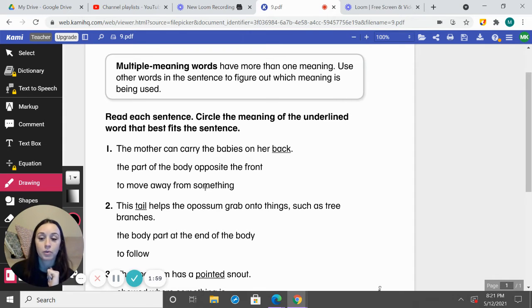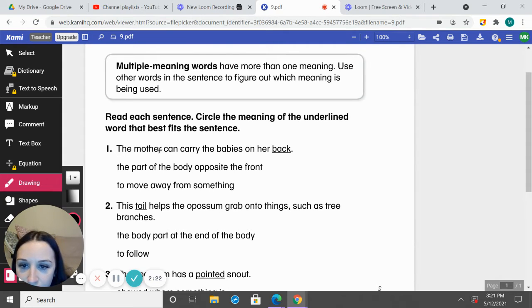So are we talking about our actual back here, or are we talking about moving back? I'm going to look at my sentence to help me understand what meaning back is taking on. Back's a multiple meaning word, but in the sentence, it only has one meaning. And that's my job, to figure out which meaning it's taking on.